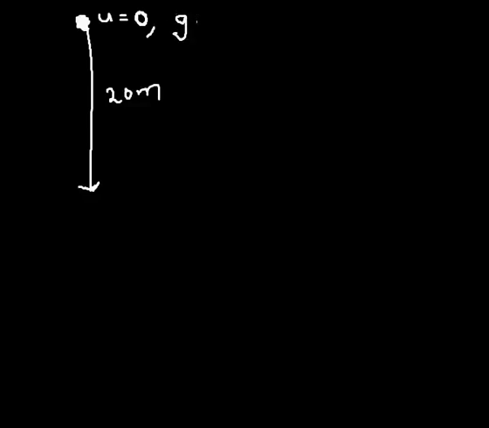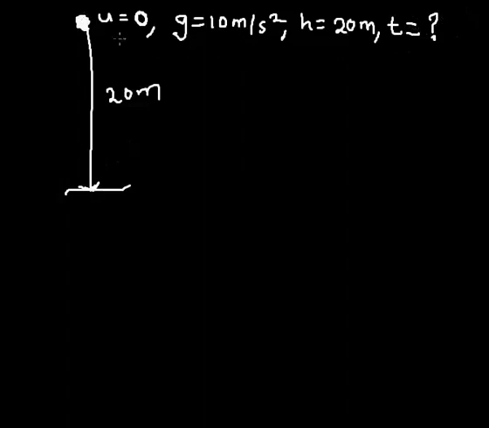We know our g is 10 meters per second square. The height of projection, h, is 20 meters. We're looking for the time it takes this ball to reach the ground level. Time, question mark. Which equation carries these four parameters?